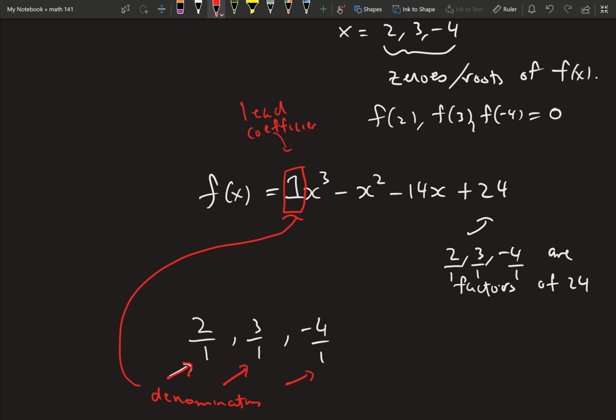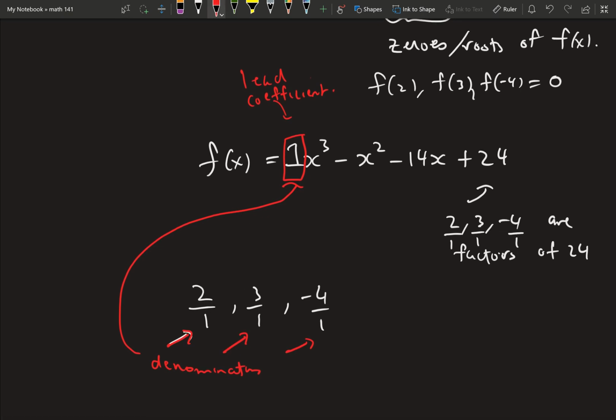Remember, this is called the lead coefficient of this polynomial. The denominators of these fractions, they're integers, but technically speaking, they're also fractions. The denominators always end up dividing into the lead coefficient. So in this case they're just 1, but the denominators turn out to be factors of the lead coefficient.